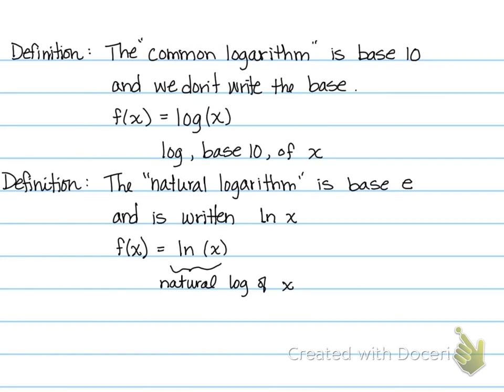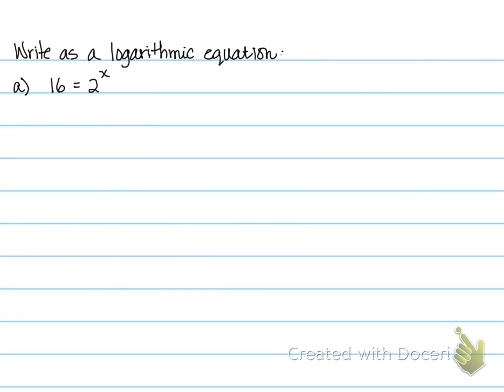So the base is easy to figure out because it's just the base, right? So the base of this exponential expression is 2. So I have log base 2, and then remember, the key to writing these is that the logarithm is the exponent. So the logarithm is equal to the exponent.